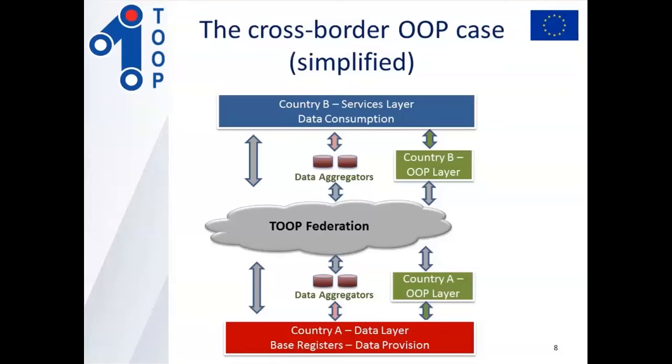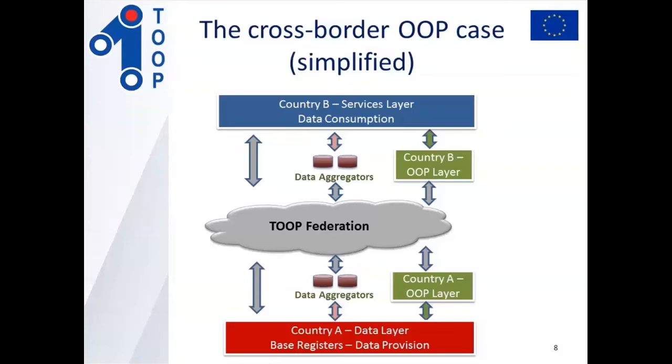Then we have a company or a citizen from country A having some type of interaction with the e-government application in country B, the country of destination, and then we need to do the cross-border exchange of data. Because there are different models in each of the countries, if we were to just connect the countries bilaterally, it would be really impossible: a huge spaghetti, it wouldn't scale, and it would not be enforceable.